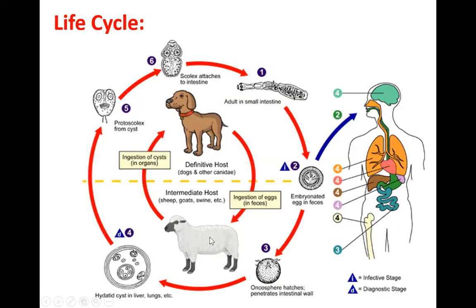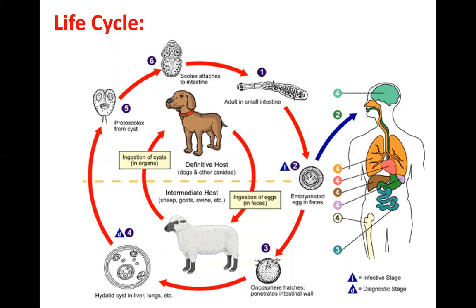These oncospheres penetrate the intestinal mucosa, get entry to the circulation, and reach different organs of the intermediate host, especially the liver and lungs.